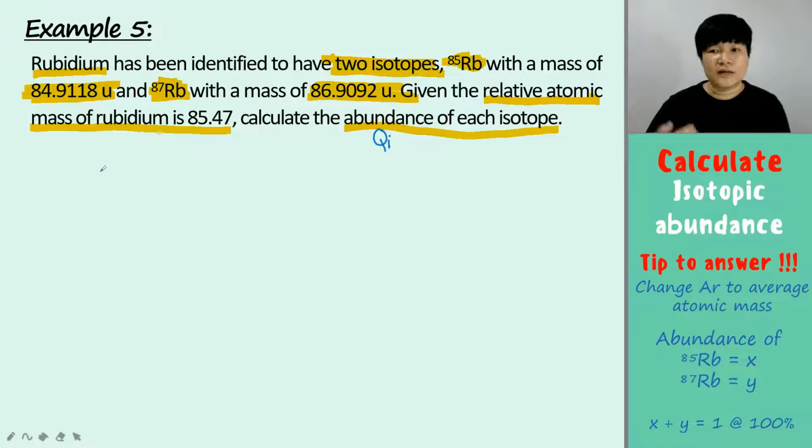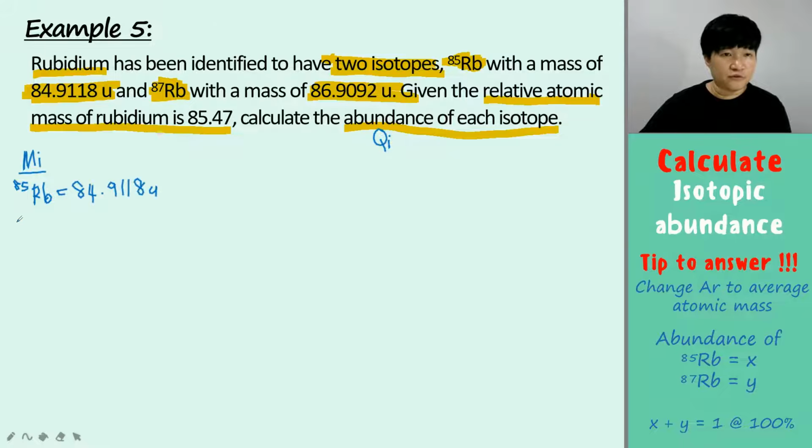Okay? So let's take out the data given in the question. First and foremost, the Mi. The question gives you the Mi for rubidium-85 and for rubidium-87. The Qi is the one that you are going to calculate.